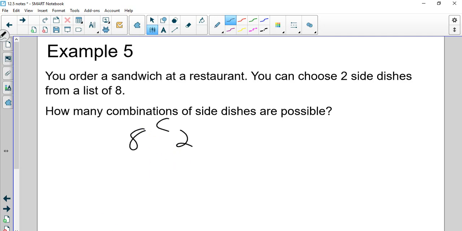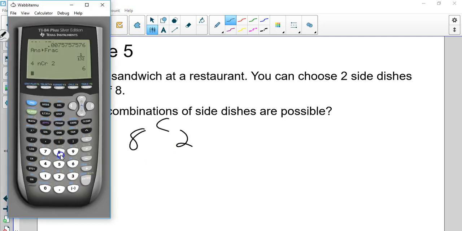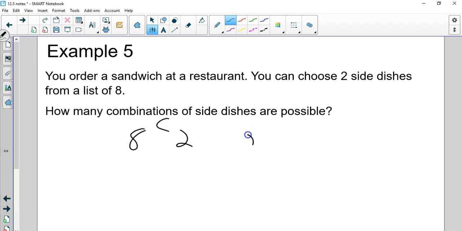So, again, let's go to our calculator. 8, math, go over to PRB, and nCr, this is a combination, 2. And there's my answer. 28 different possibilities.